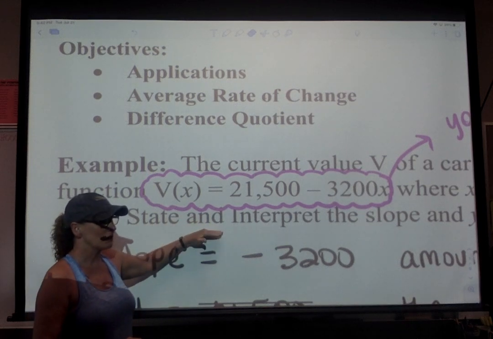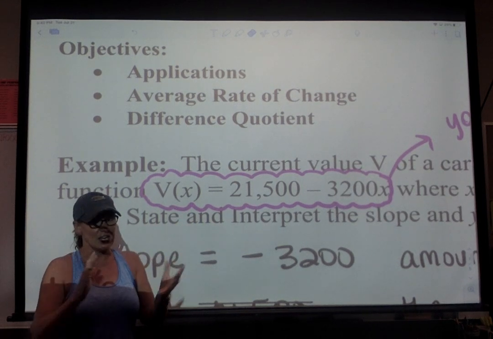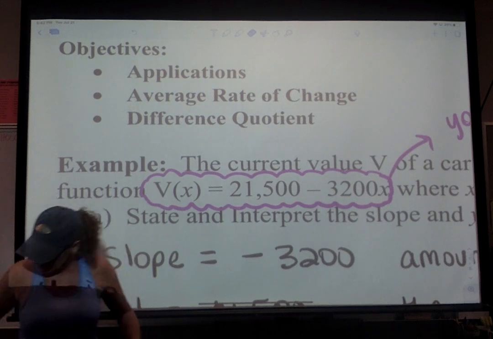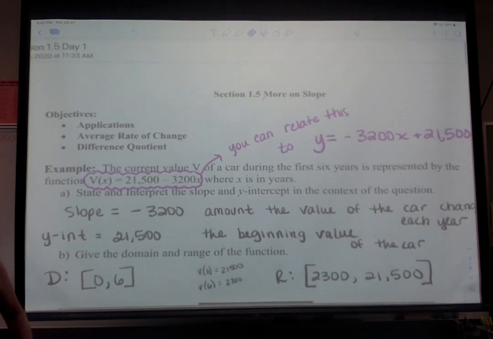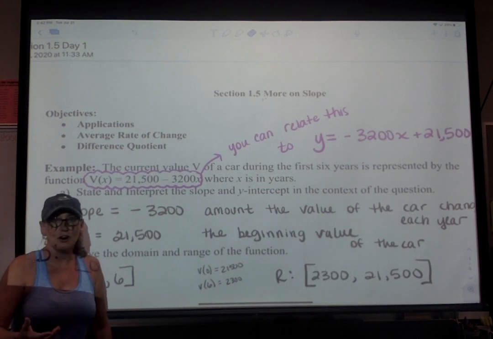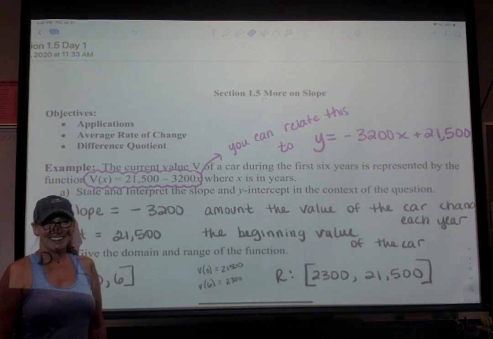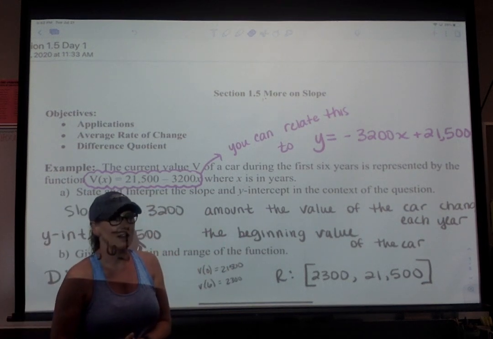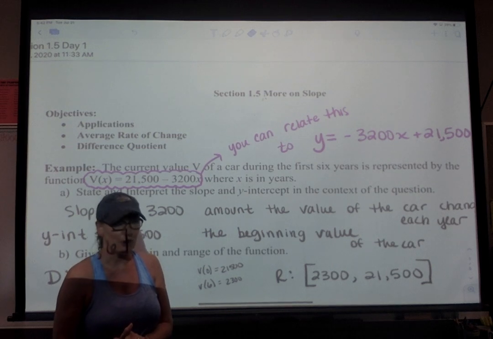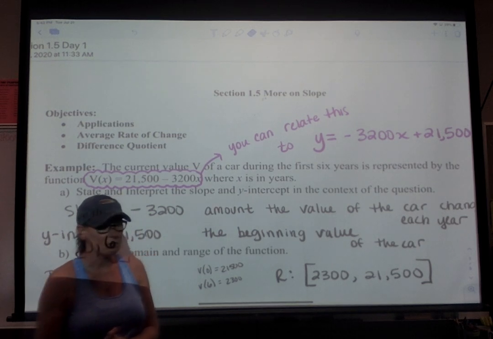Because in this problem, x isn't just anything. X represents years, like years that you've owned a car. So if you say your domain is all real numbers, do you really want me to plug in -10 for the number of years you've owned a car? I don't think so.